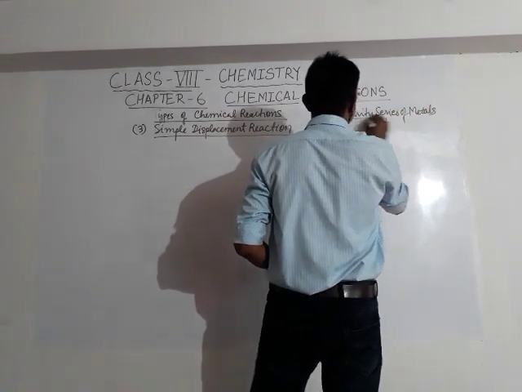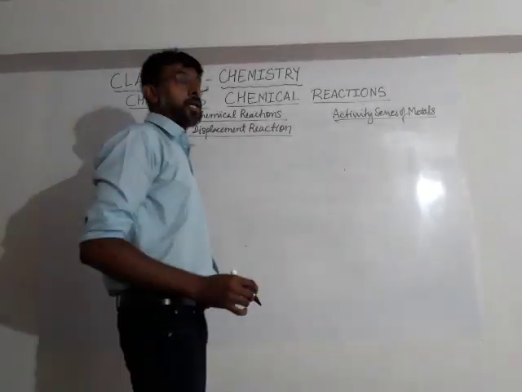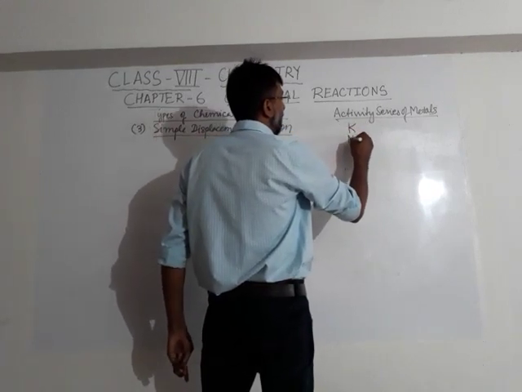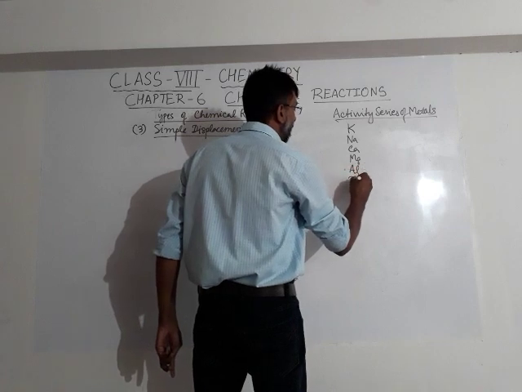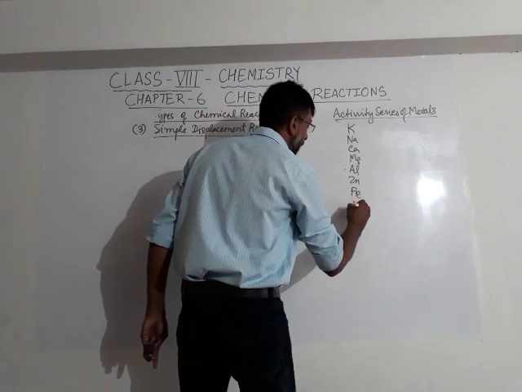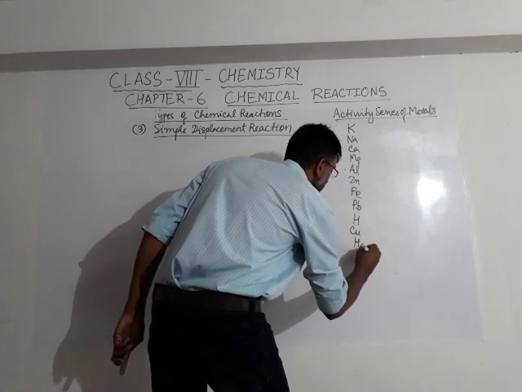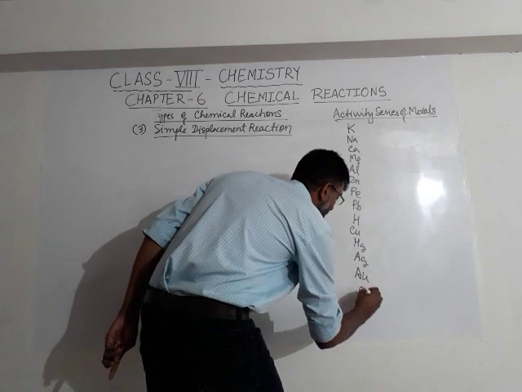The activity series of metals contains these following elements in the decreasing order of reactivity: K, Na, Ca, Mg, Al, Zn, Fe, Pb, H, Cu, Hg, Ag, Au and Pt.